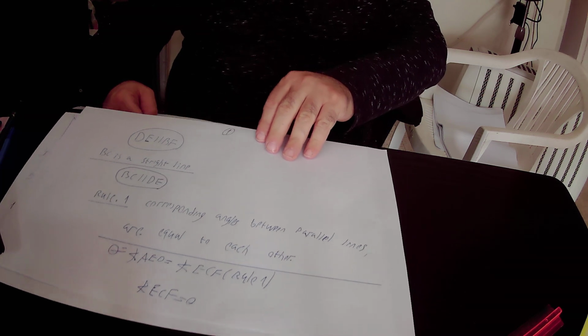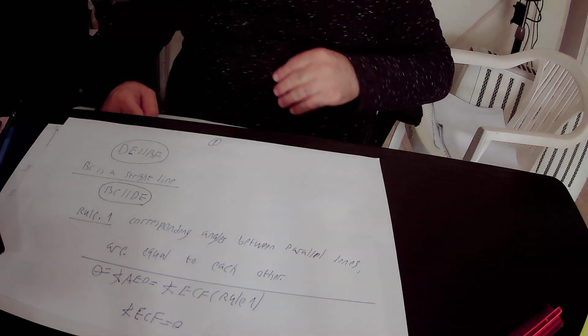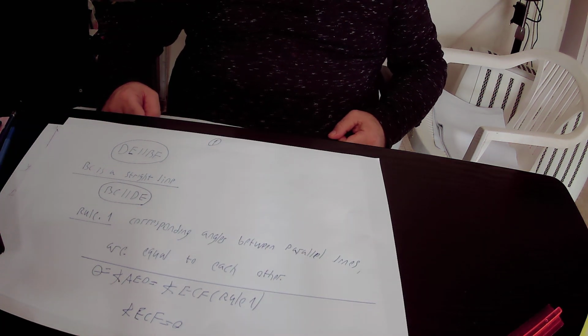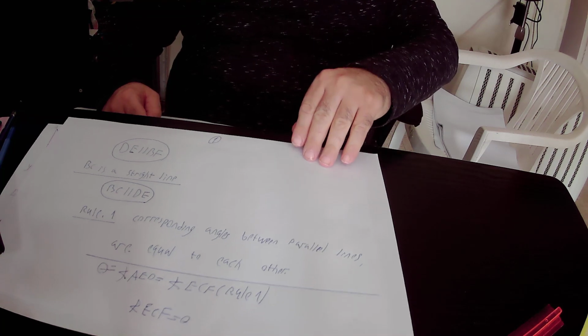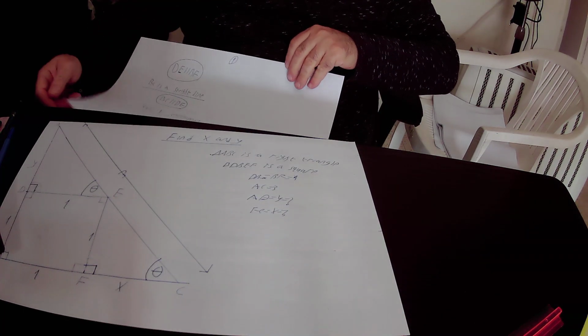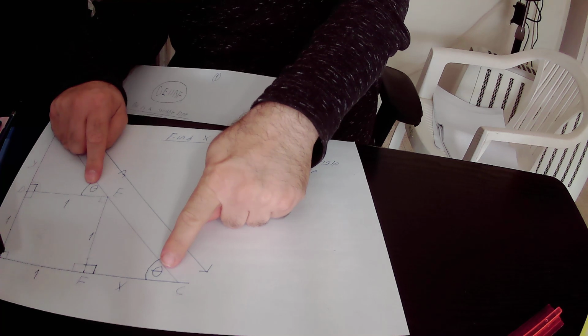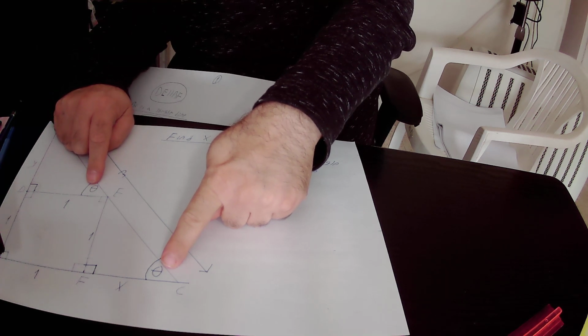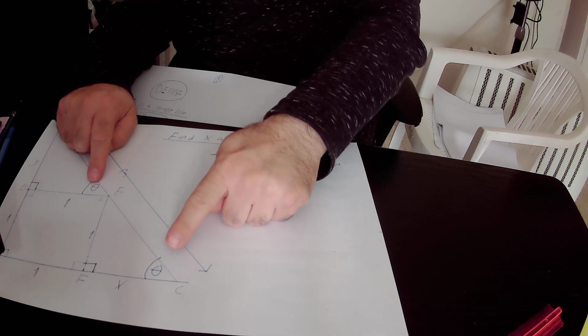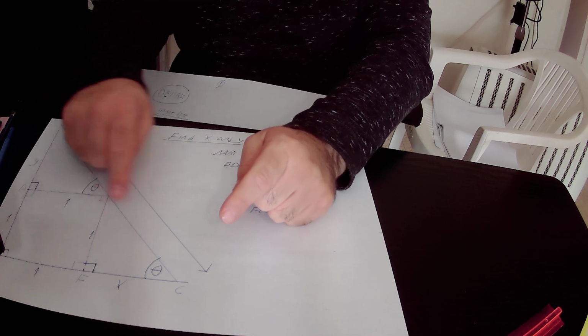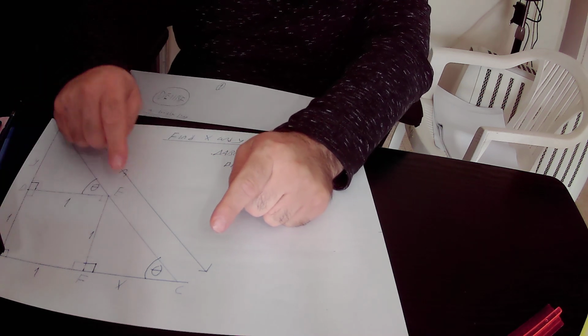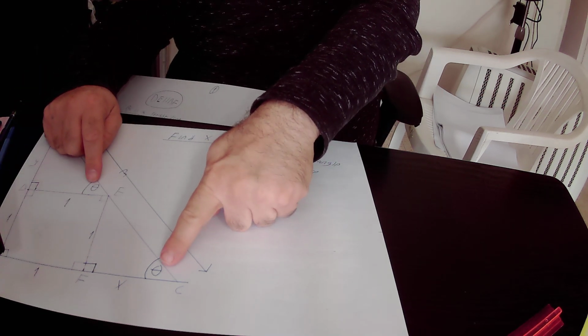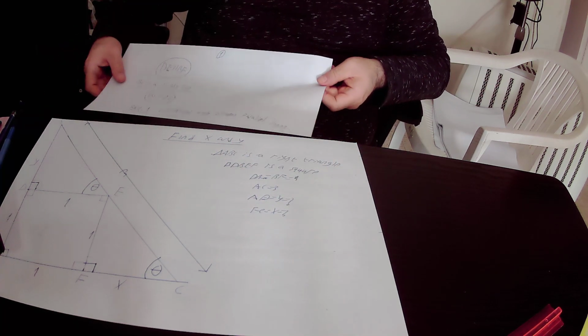And we have rule number 1 that says that corresponding angles between parallel lines are equal to each other. Those two angles are defined as corresponding angles, and they are located between the parallel lines DE and BC. That is to say, DE is parallel to BC. Therefore, they are equal to each other according to rule number 1.